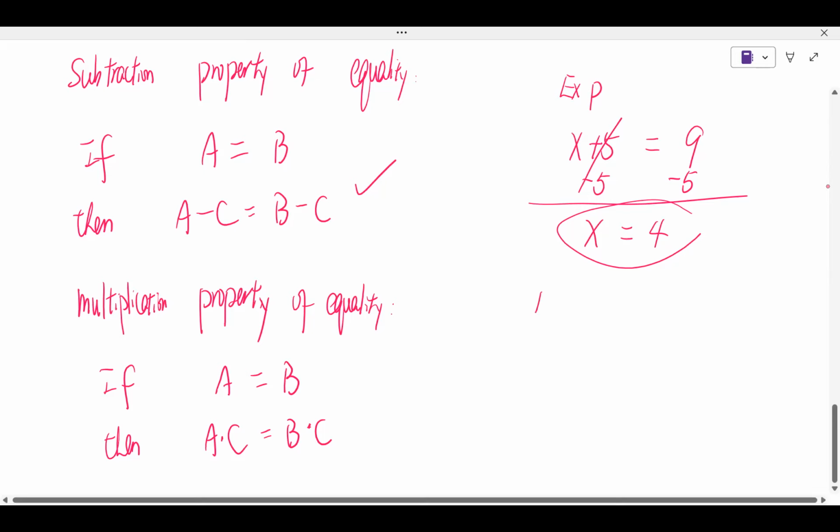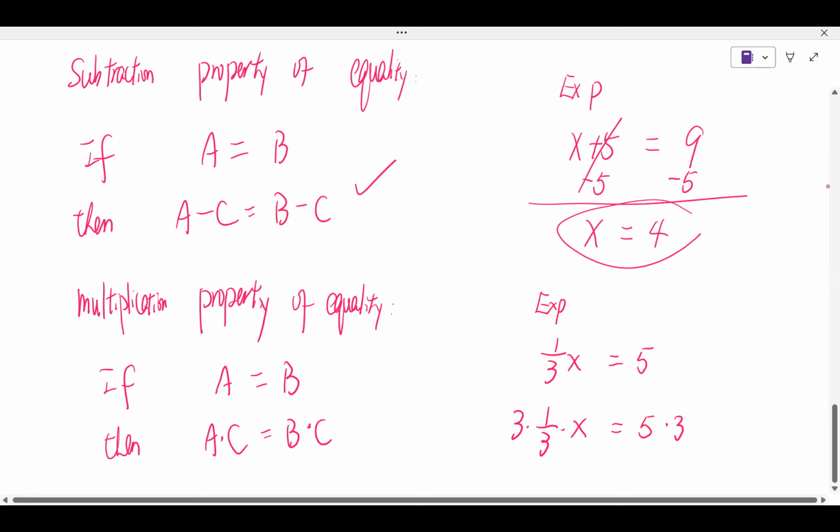So for example, let's use a very simple one: 1/3 of x equals 5. Here we have a 1/3, meaning we want to get rid of the 1/3. One way to do it is to multiply both sides of the equation by 3. 3 times 1/3 is 1. You multiply 3 on the left and 3 on the right.